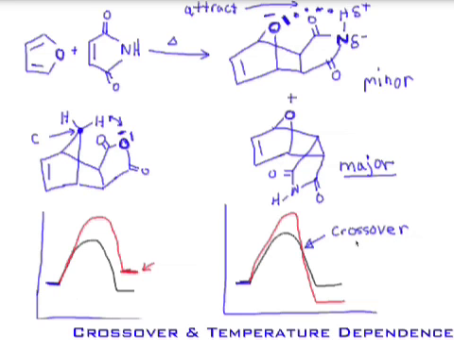This temperature dependence manifests itself because at low temperatures you get kinetically controlled reactions. That is where, at low temperature, the black would be followed and the endo would predominate. But at higher temperatures, the exo would predominate.